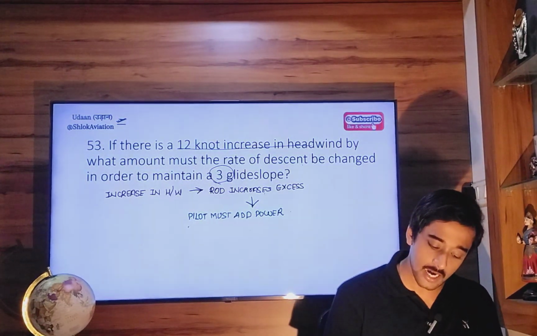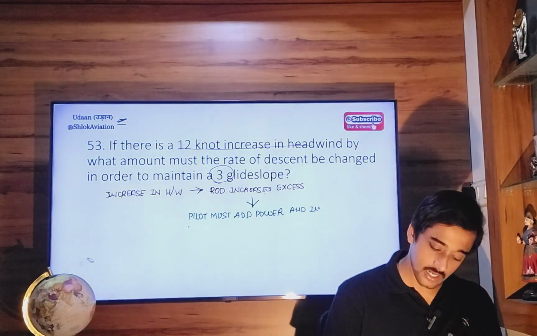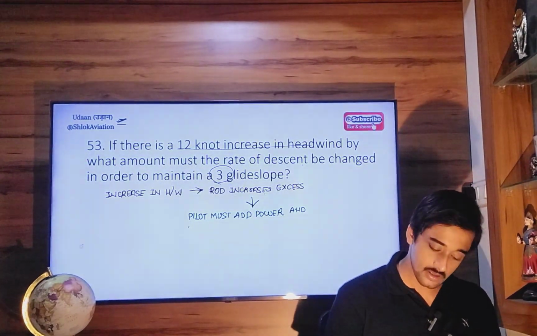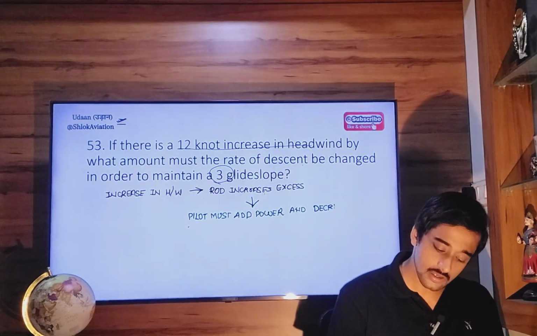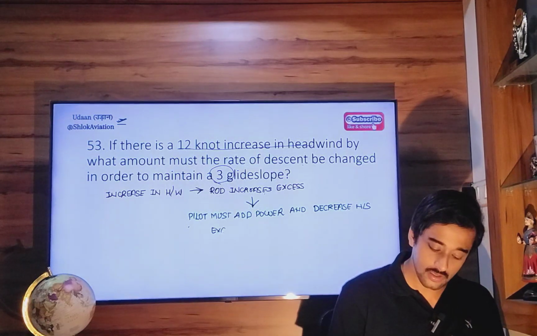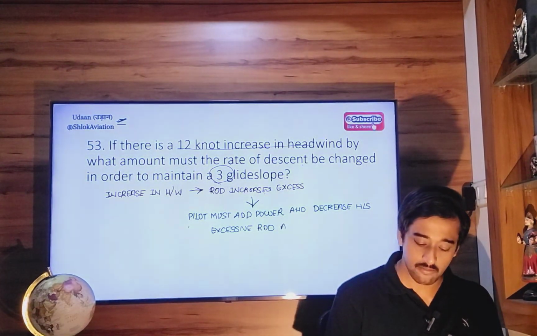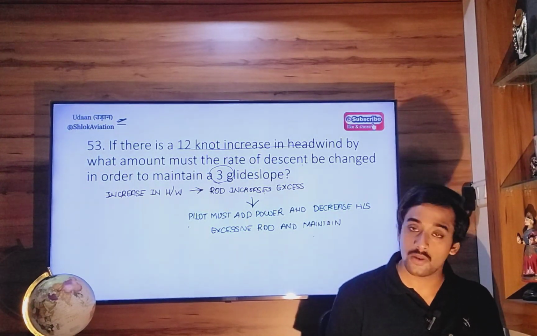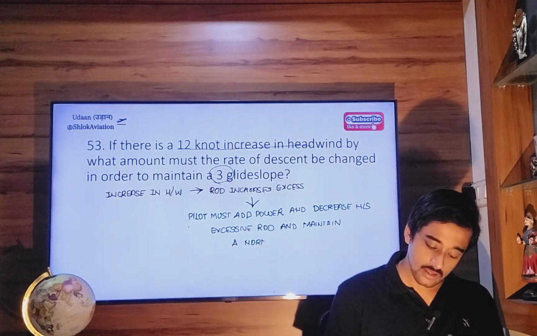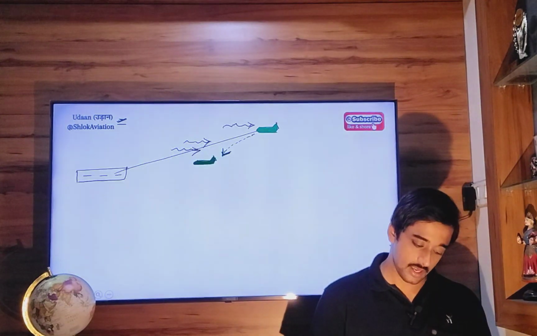The pilot must add power and decrease this excessive rate of descent and maintain a normal, steady rate of descent.